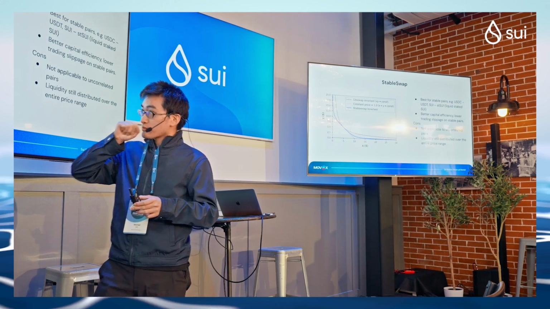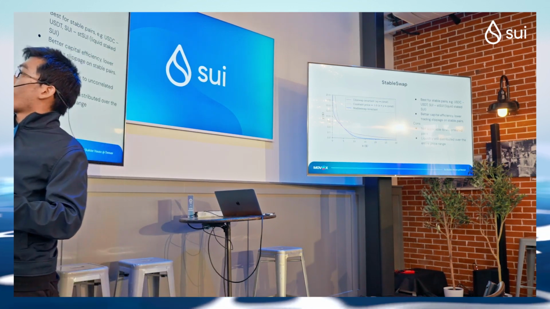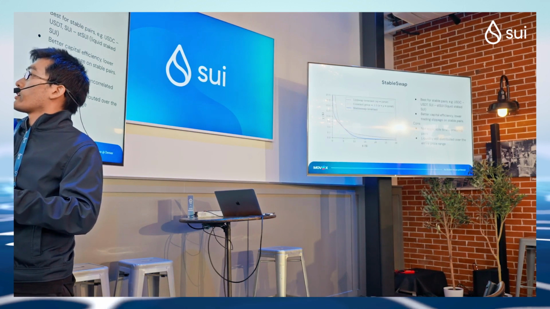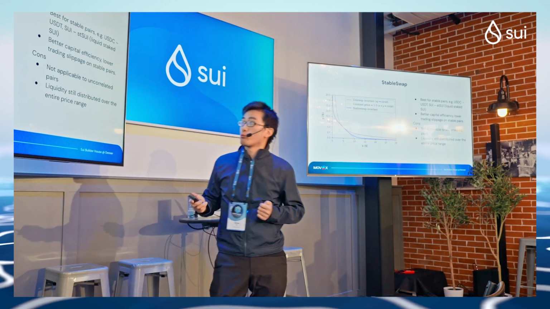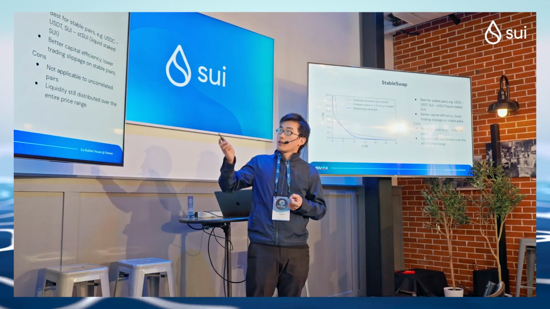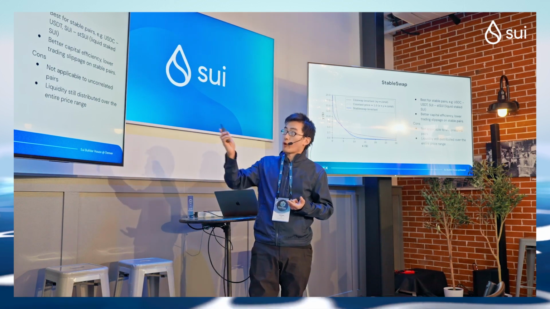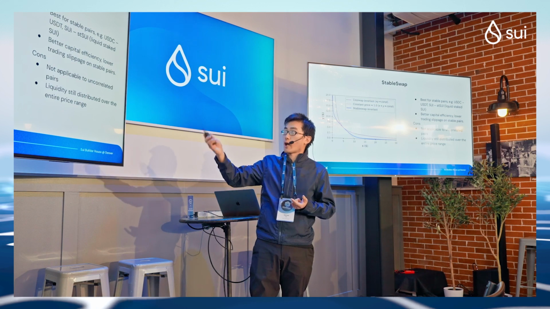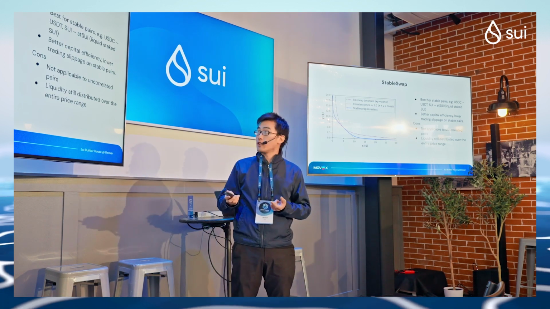And suppose you are moving along this blue bounding curve across the range close to the center, the slope you get is always close to 1.0, meaning the slippage is always close to 0. So now we have solved the problem for pegged token pairs, but this bounding curve is not really applicable to uncorrelated pairs, for example, SUI against USDT.